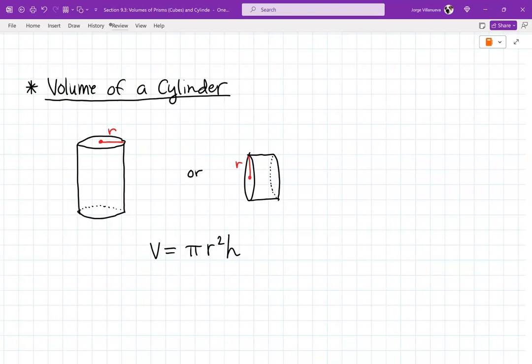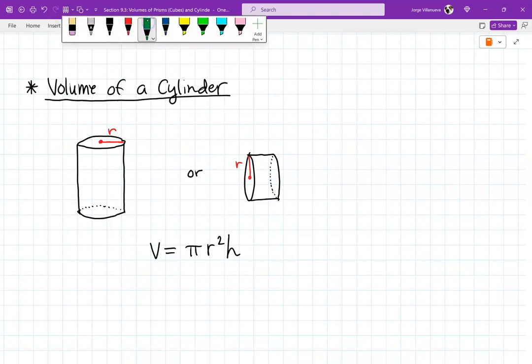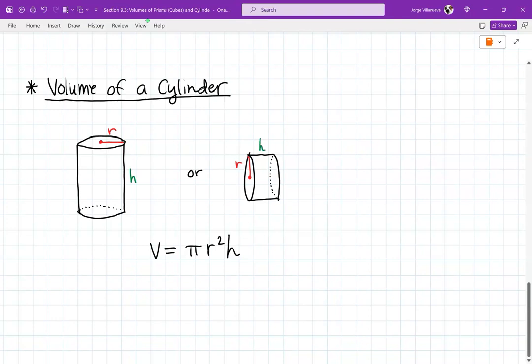That would be 1/3 pi r squared h. This is just pi r squared h. So r squared is the radius squared. h is your height, so that would be right here, the height of the cylinder. Again, if they give you the diameter, cut it in half, that gives you your r value.